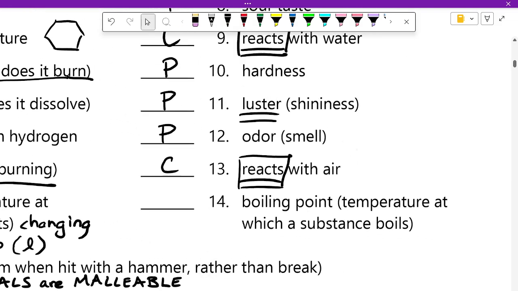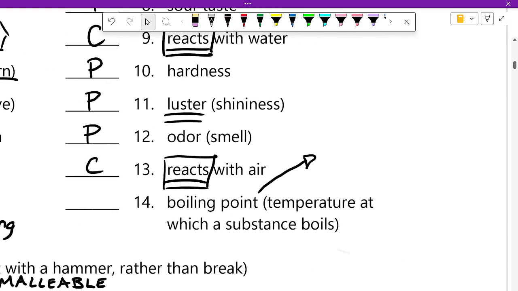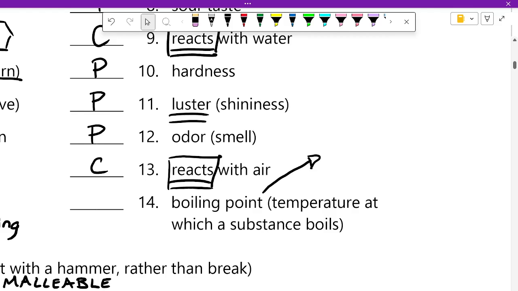And then finally, boiling point. At boiling point, what change is happening? We are going from what state to what state? We're going from liquid to gas. And what do we call that process? Liquid to gas.